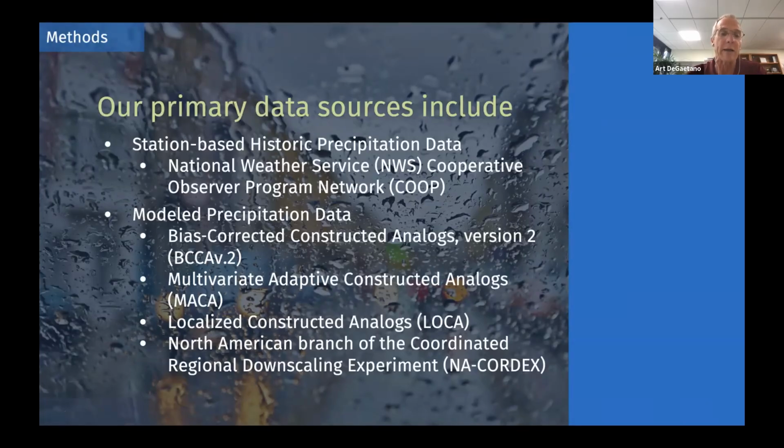And then going out into the future, our analysis was primarily based on downscaled global climate model data. You can see all the acronyms there, but the take-home message is we first evaluated four different methods of downscaling data, and in the end, we ultimately used two of these methods to develop our projections. Go on to the next.